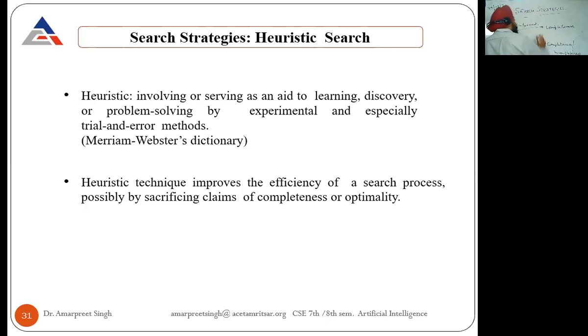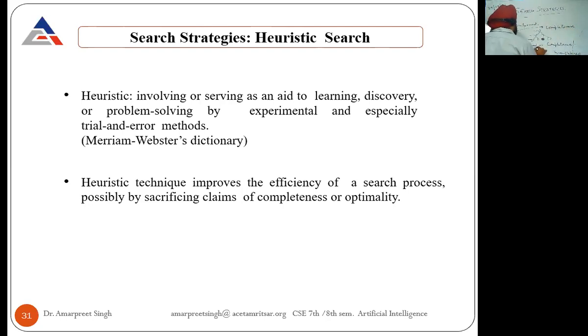Completeness means, suppose you are searching some tree, and if the goal state is present, definitely you will reach the goal state. You will not miss out. But if the branching is very high, it may take time, it may not be very fast. But if the goal is present, definitely you will reach the goal.